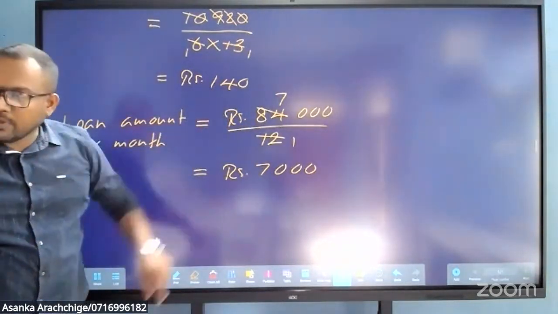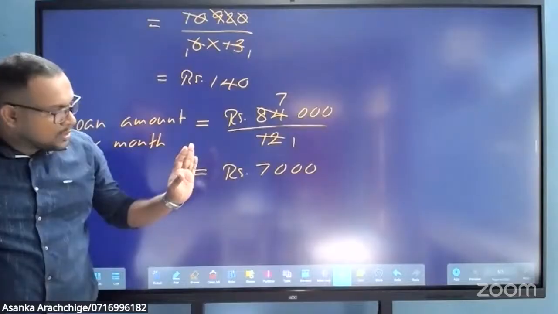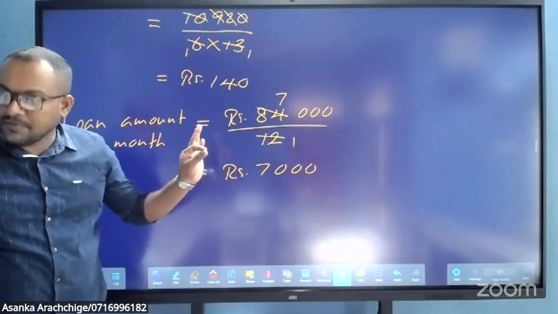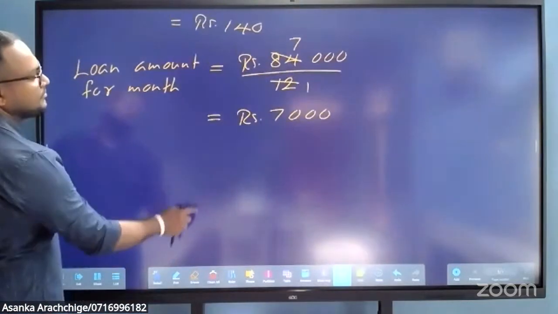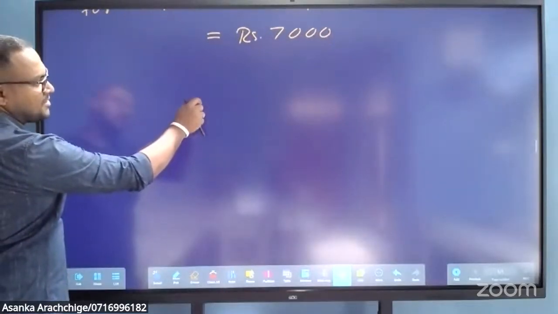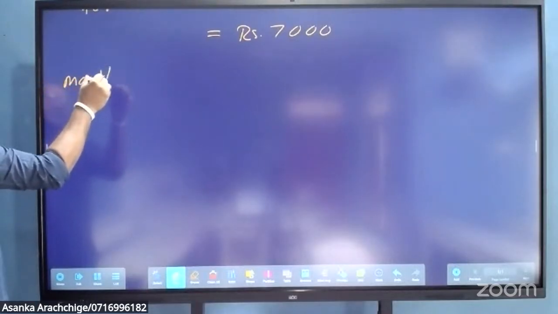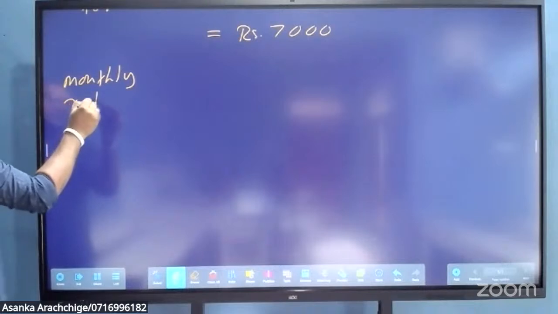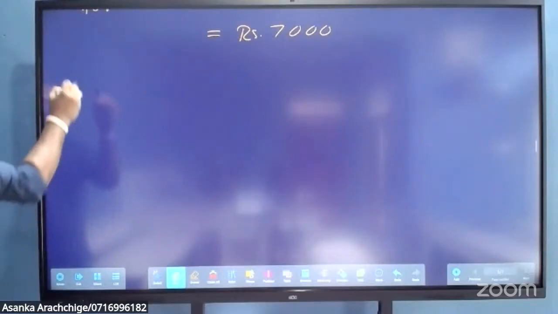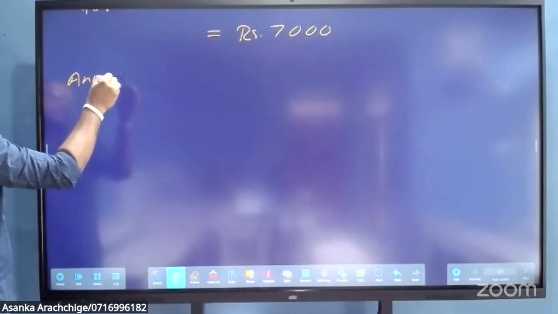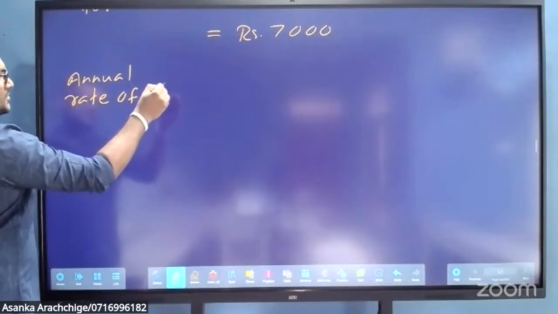Then from these you can find the monthly rate of interest, and then the annual rate of interest.